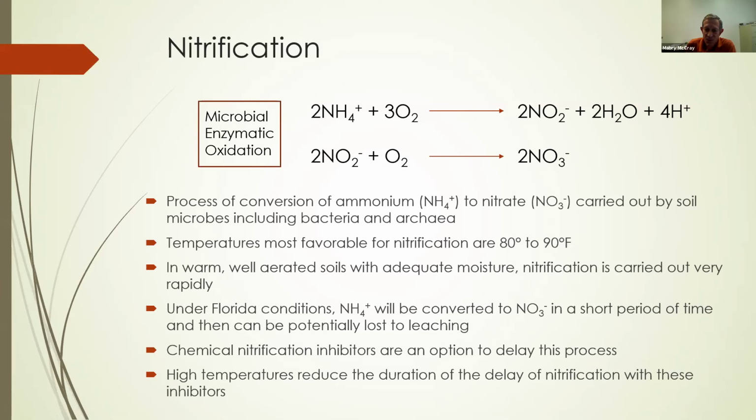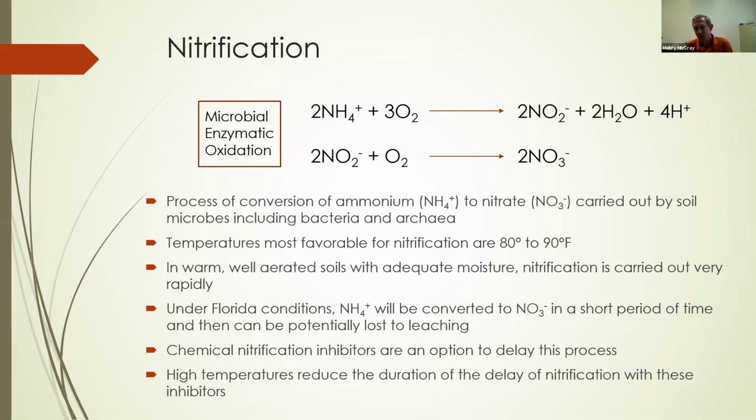The temperatures that are most favorable for nitrification are from 80 to 90 degrees Fahrenheit. So in warm, well-aerated soils with adequate moisture, nitrification is carried out very rapidly. Under Florida conditions, the ammonium will be converted to nitrate in a short period of time. Then, in the nitrate form, it's a negative ion, so it's potentially lost to leaching. It's very, very mobile, especially in our sands.